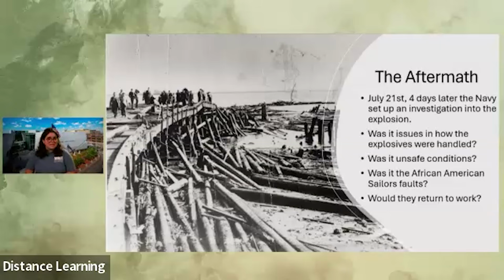Well, during this time, when they've moved to a new location, there will be a list that'll circulate through their barracks. And the list was a petition of men saying they're not going to return to loading munitions, that they would do any other tasks that the Navy assigned them. However, they were not going to go back to this dangerous work.